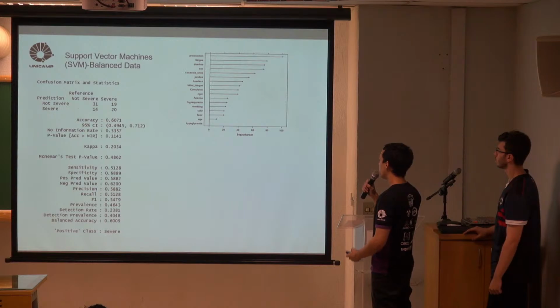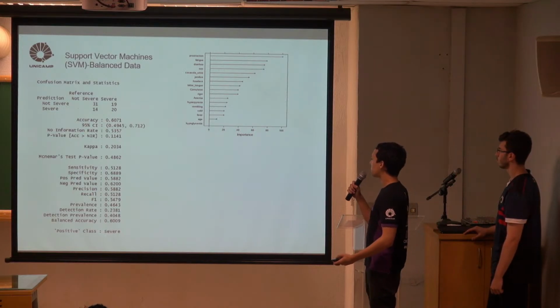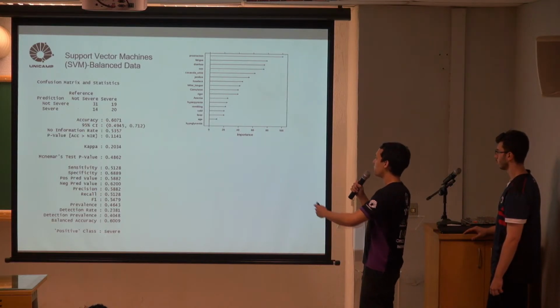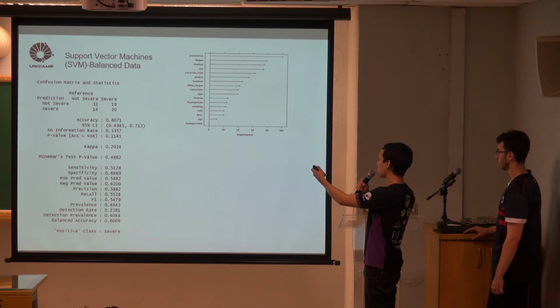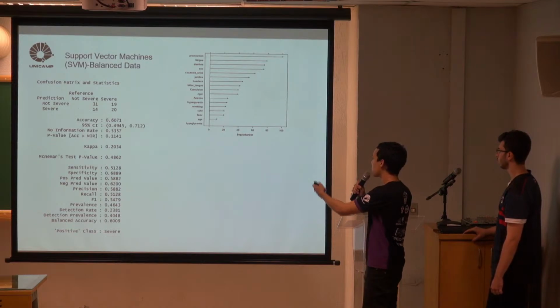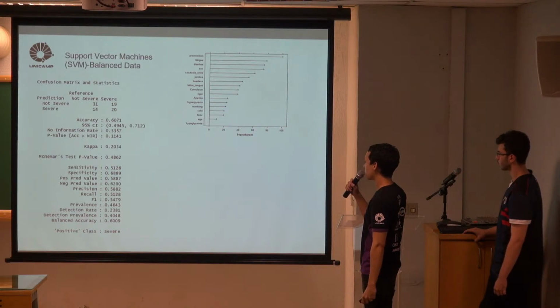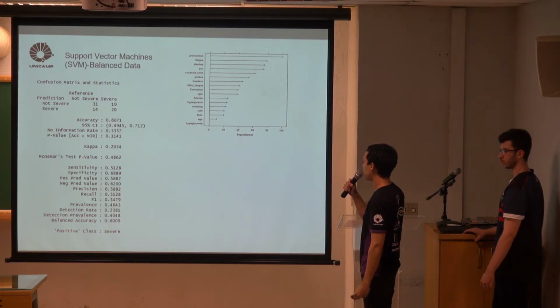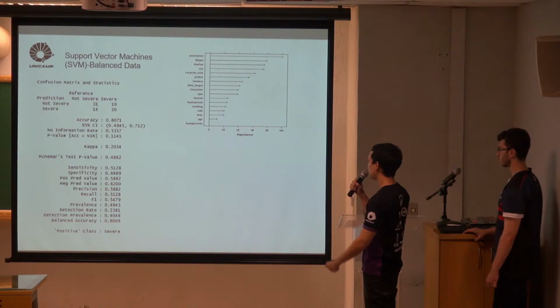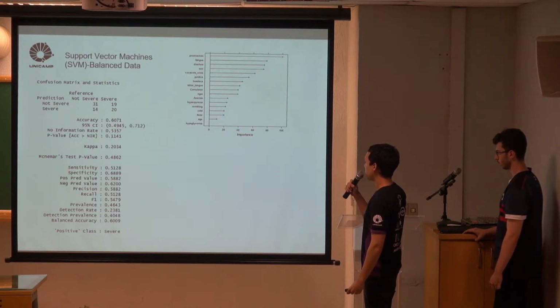Going next, we use the same model, but this time we use balanced data. We can already see the confusion matrix does not have zeros in any of the cells. So we have a sensitivity of 0.5128 and a specificity of 0.6.